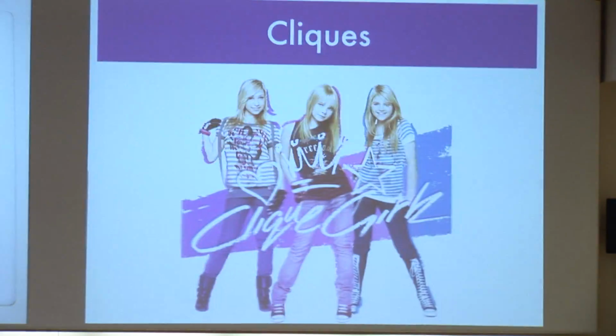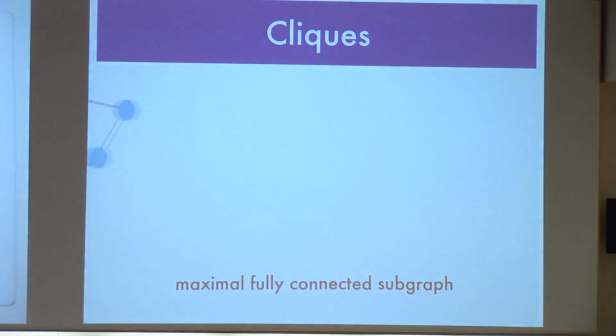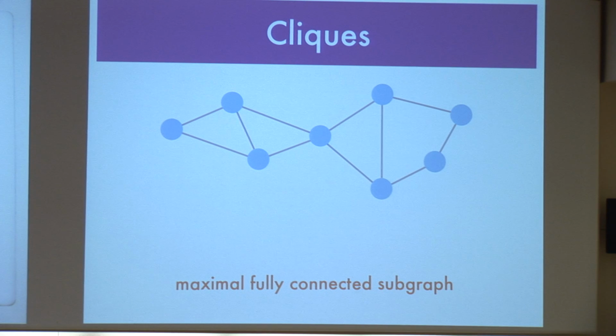So for that, I need cliques. Cliques are maximally connected subgraphs. Who can tell me some cliques here? Okay, so the first three. Very good. Any other cliques? This one here? Yeah.